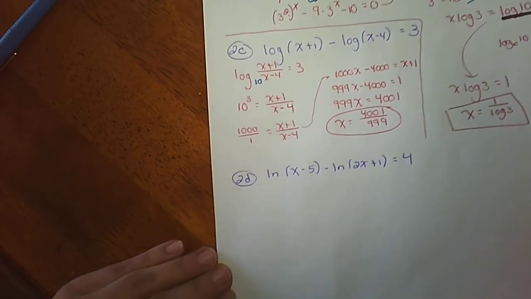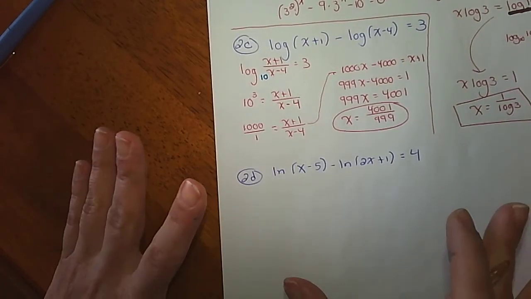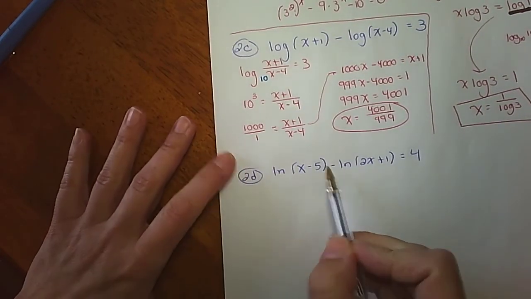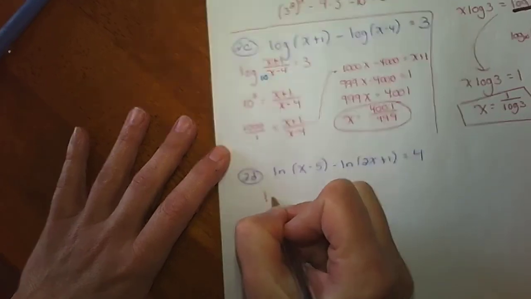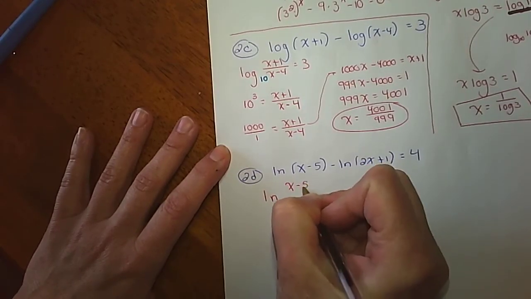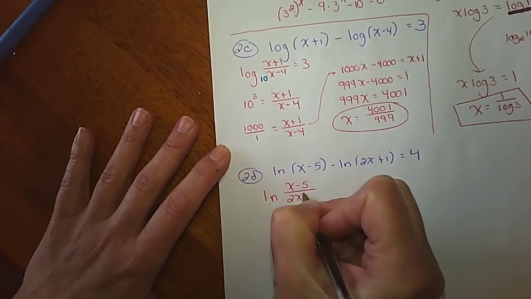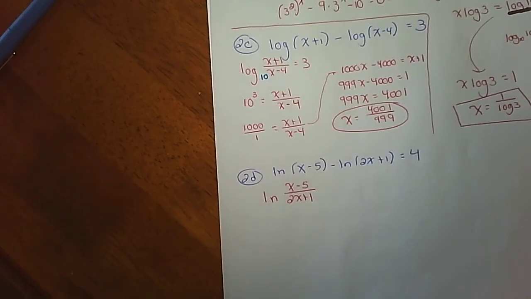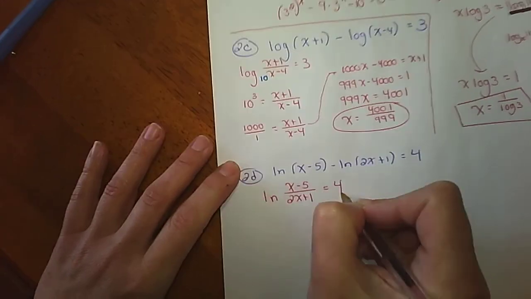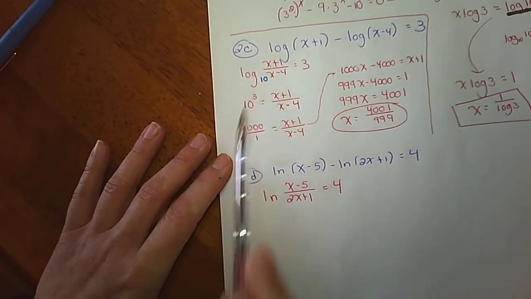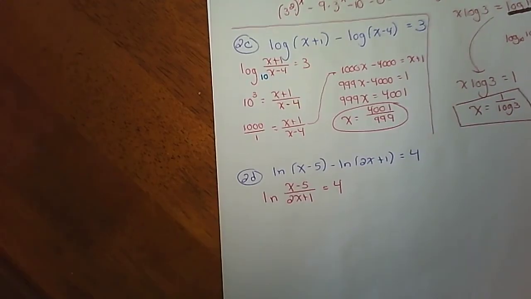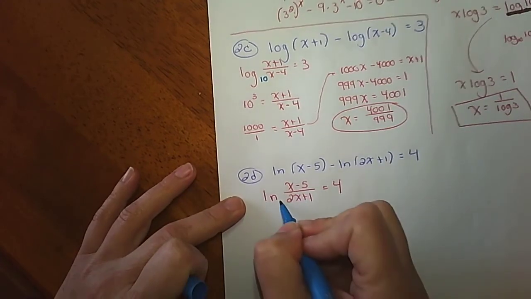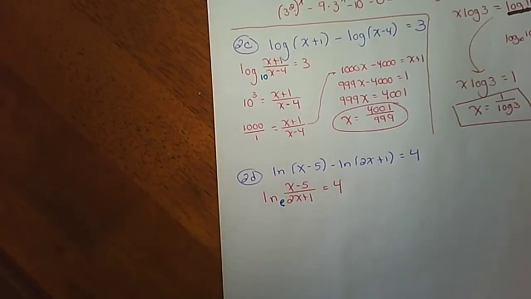All right, 2D, very similar, different base. All right, subtraction means this is going to be a division question. So I write the natural log of x minus 5 all over 2x plus 1 equals 4. And just like last question, I'm going to bend this sucker. But because it's a natural log, my base this time is e.